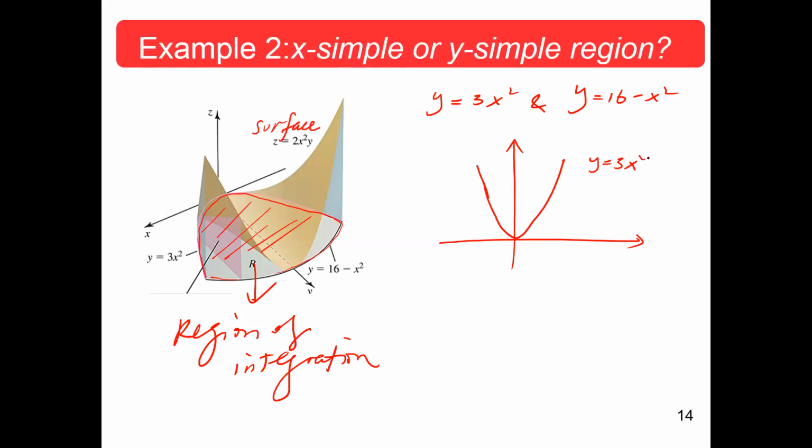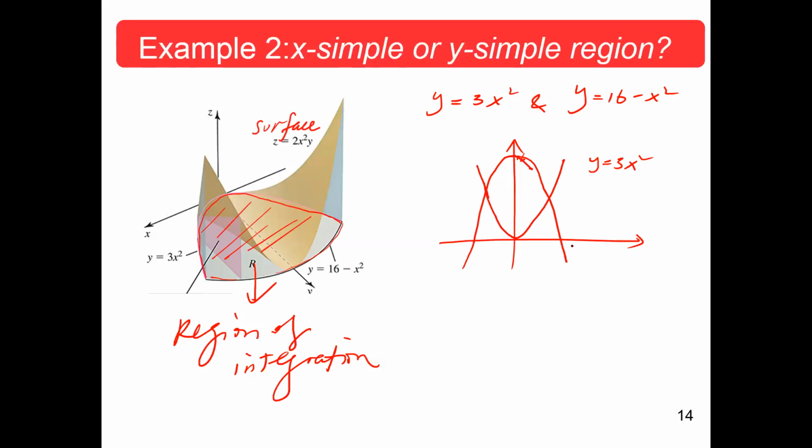Secondly, you should have another parabola that's y equals 16 minus x squared. Due to the negative coefficient of x squared, it should be facing down, and the y-intercept should be 16. So somewhere here, you have 16 up there. So we should have a graph going like this.